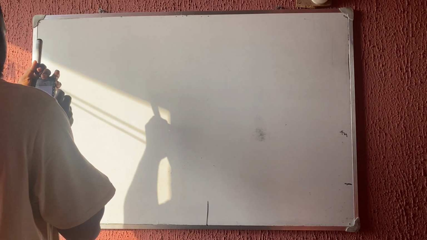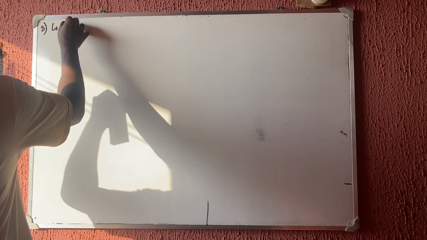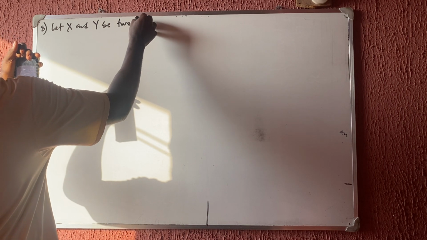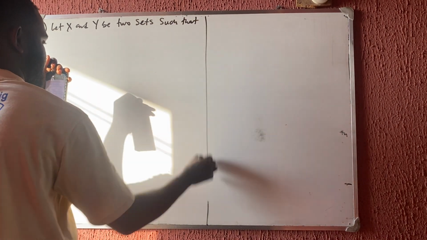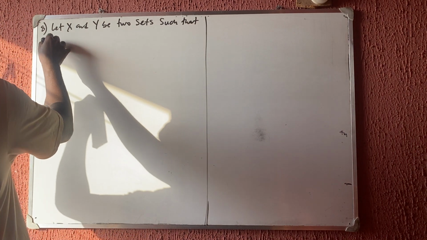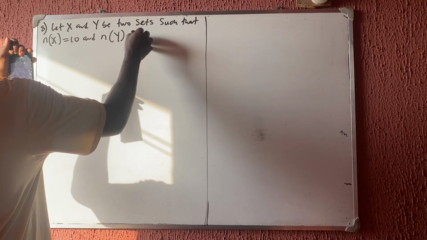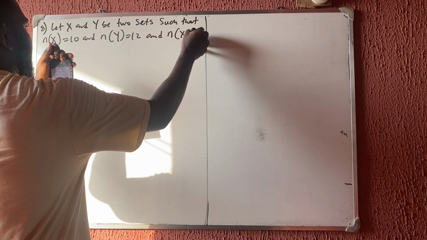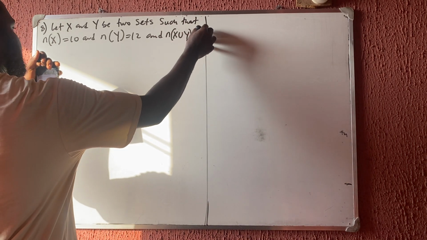So we'll go to question number 8. Number 8 said, let x and y be two sets, such that the number of x is equal to 10 and the number of y is equal to 12, and the number of x union y is equal to 15.